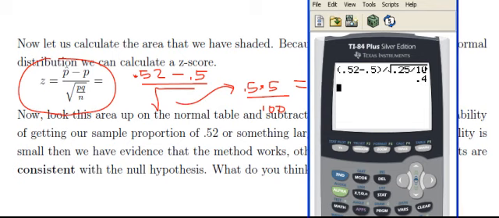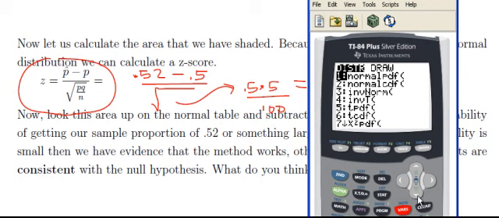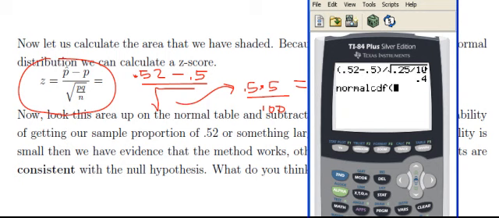So let's see, I need to go to second, distribution, normal CDF, and I take 0.4, that's what I got, and then 9, 9, 9, 9, a couple nines there.